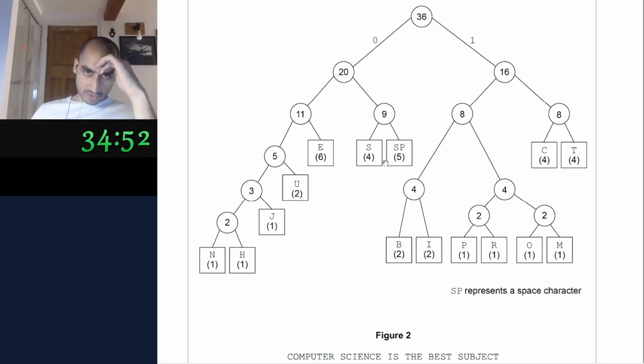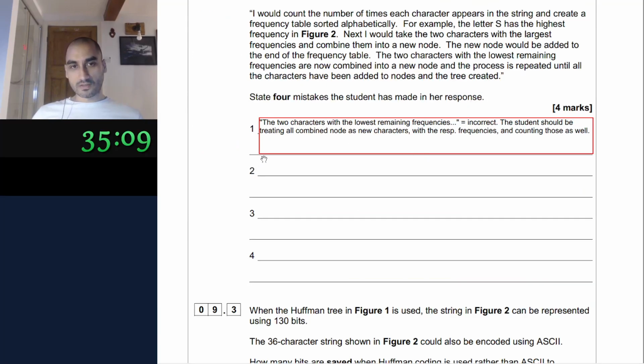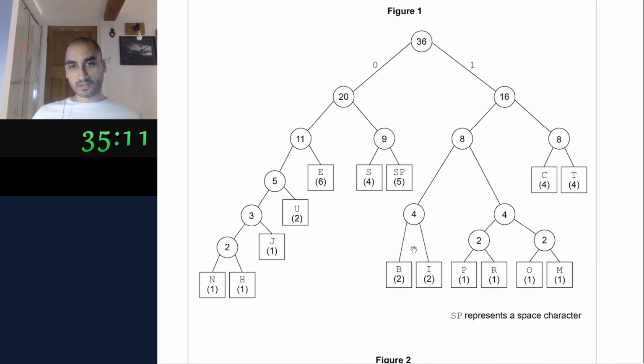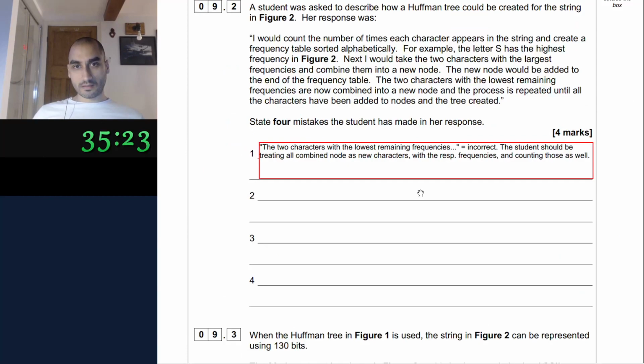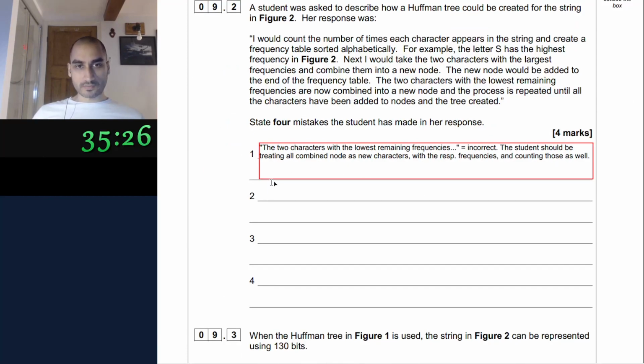But I don't think you combine the two. Oh, no, you don't combine the two most frequent. You combine the two most infrequent, don't you? And make them more frequent. I think that's what you do. Because they're so infrequent, you combine them together and that new node will have the added frequency of those two. And then you work from there with that. Yeah.